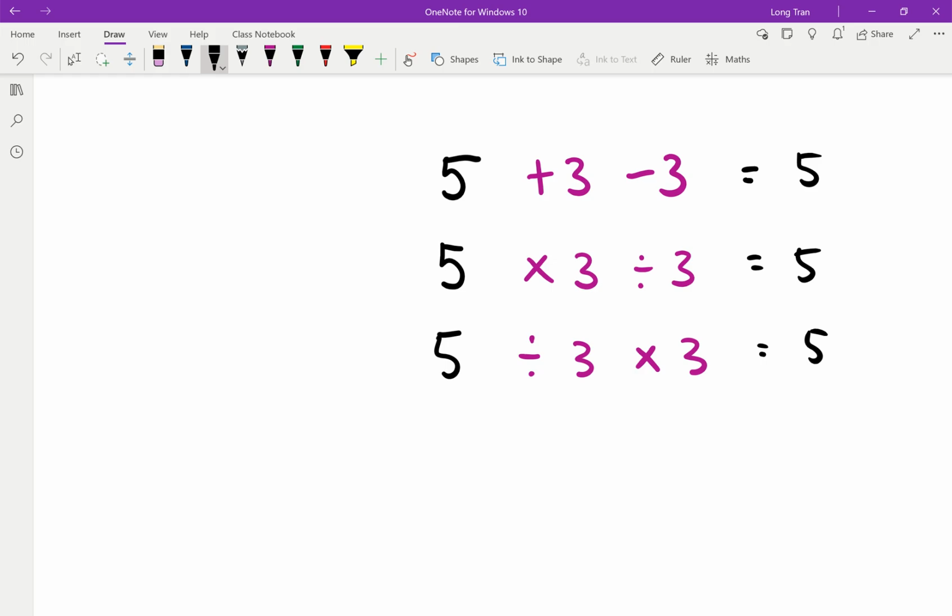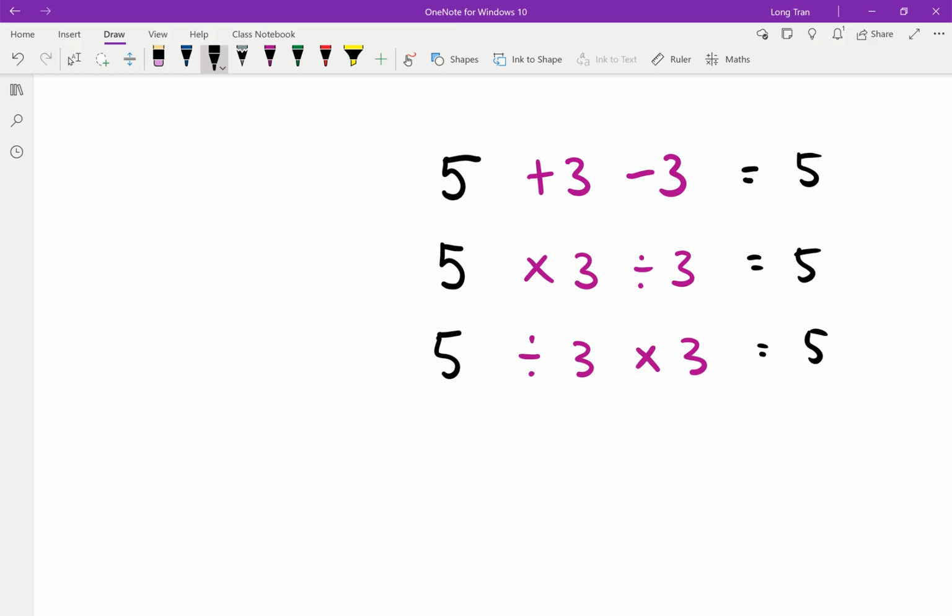So you guys know how to do this so easily, but as soon as I switch it to exponential logs, this is where students find it hard. But the theory isn't different. I went from add to subtract, because subtraction is the inverse of addition. I went from times to divide, or divide and times. They're the same thing. So the reason why you find this easy is because you're used to seeing a symbol and a unit. But it's no different when it comes to exponentials.